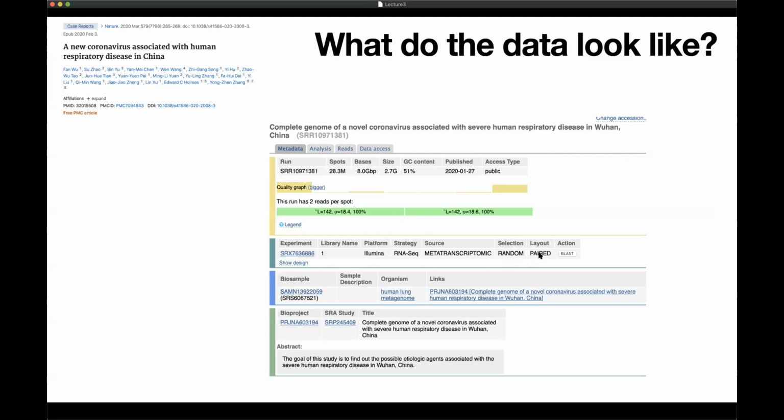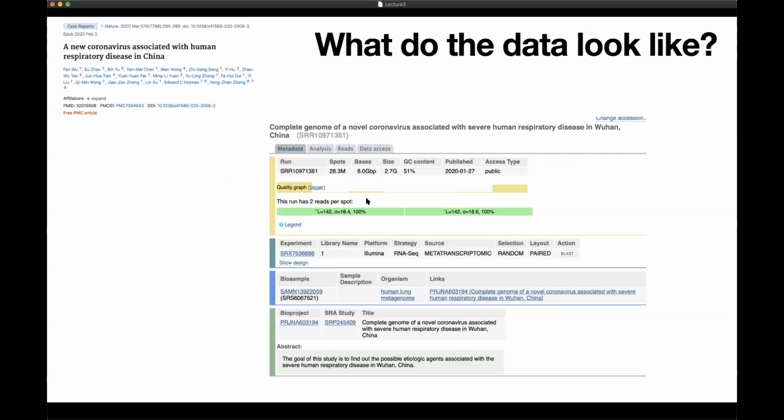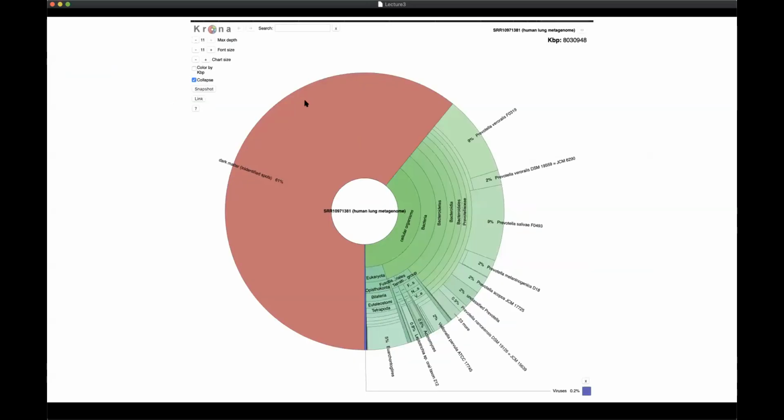This is paired end reads. It shows you that it came from human lung metagenome, and then you can click on another tab, which is the experiment, and you can have GenBank display what organisms are represented by those reads.